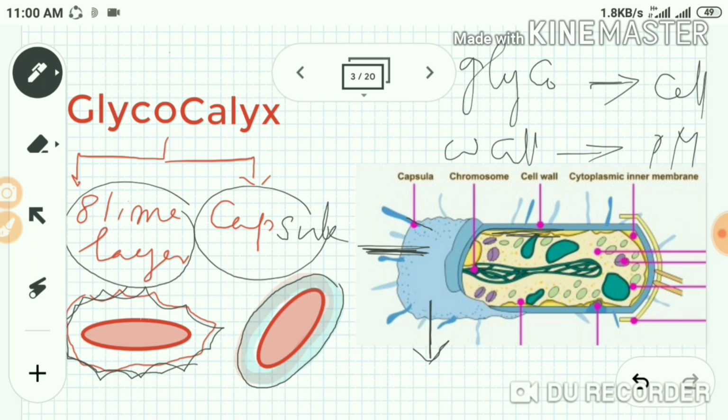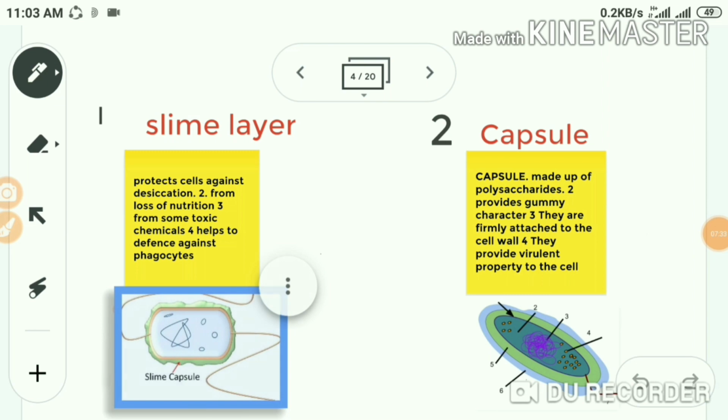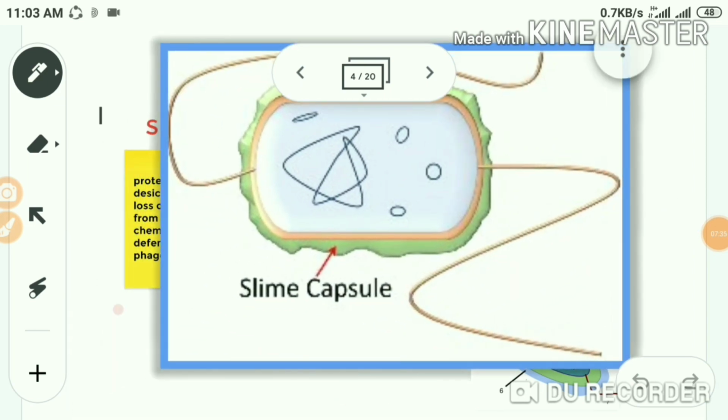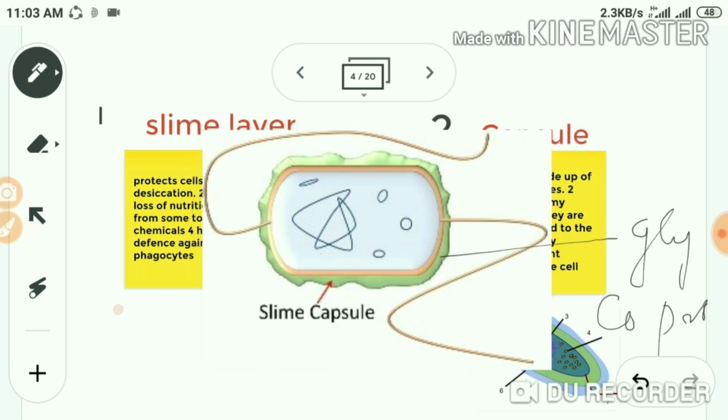You can see here this capsule is found in close contact with the cell wall. Here you can see the slime layer, the outer green colored structure, and it is formed of a glycoprotein.